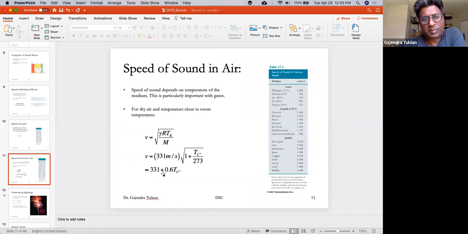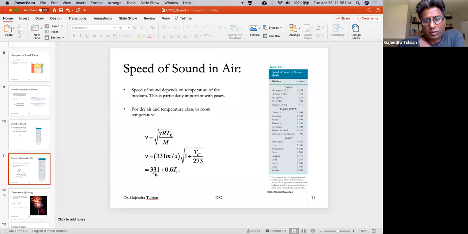Okay, and now the speed of sound depends on the temperature as well. So this is the speed of sound in air, and here's the bulk modulus in terms of the ratio of specific heats and so on, which you'll learn about in physics too. But here is just the temperature dependence for the speed of sound in air. This is the temperature on the Celsius scale. 273 is if this temperature was in Kelvin, so this formula is where the temperature is in Kelvin.